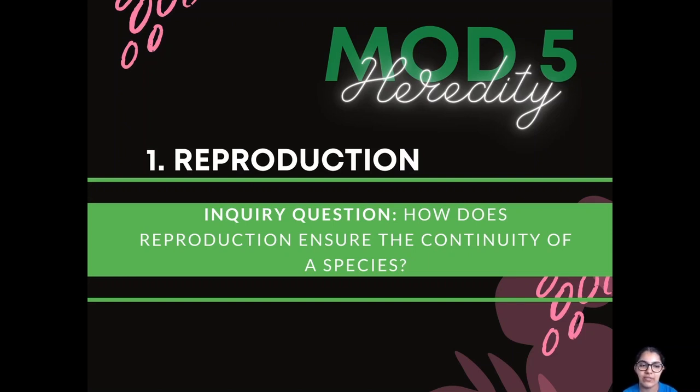Essentially with every dot point, for example reproduction and then genetic variation and so on, they give you an inquiry question, and your aim should be to go through all the points that are listed underneath the syllabus, get all the information, and then once you are done, come back to answer this inquiry question.